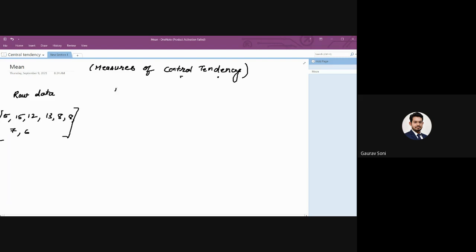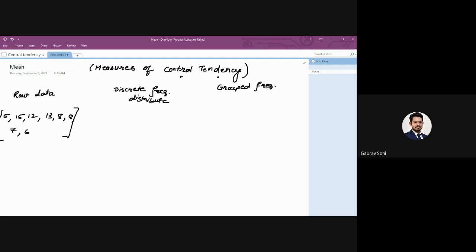Then there is a discrete frequency distribution, and the grouped or continuous frequency distribution.